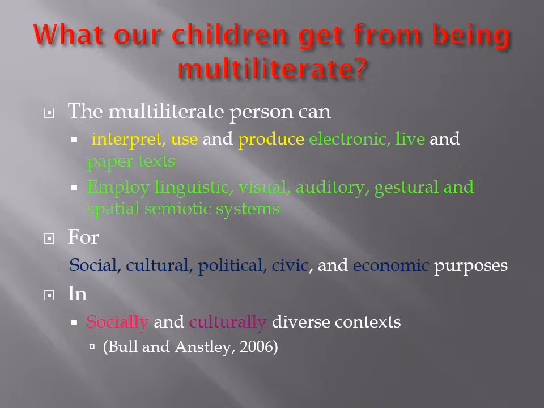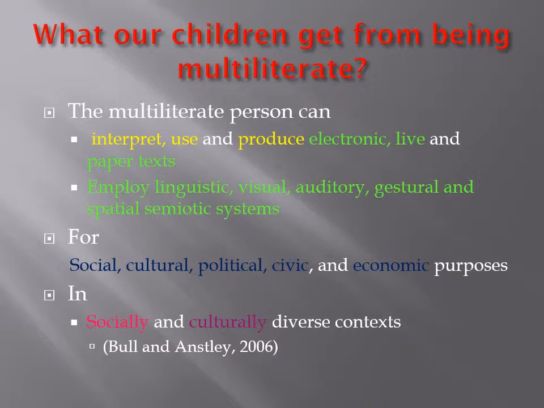So that's reading, interpreting, using, extracting information from, and producing, conveying information in a range of formats. This means that they'll be able to employ linguistic, visual, auditory, gestural, and spatial semiotic systems.